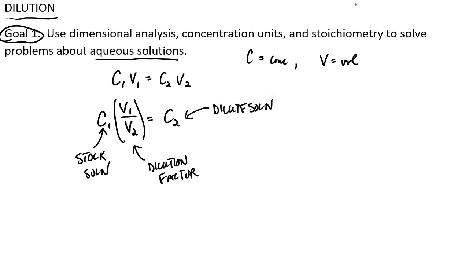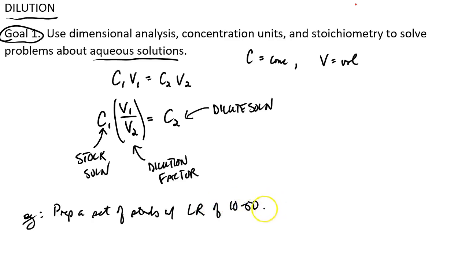So with this very brief background, let's see if we can do a short, quick example. Let's imagine that we had to prepare a set of standards with a linear range of 10 to 50 milligrams per liter.